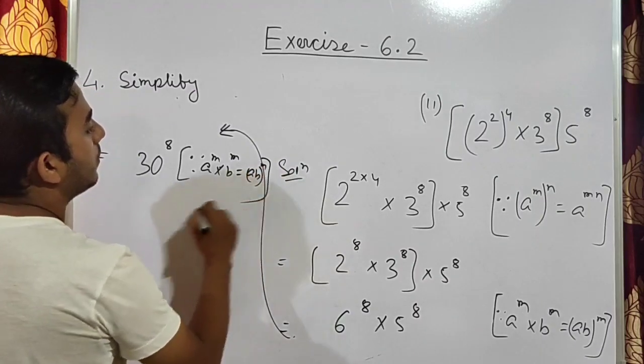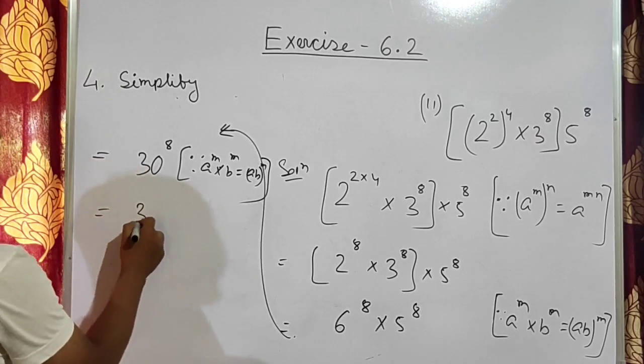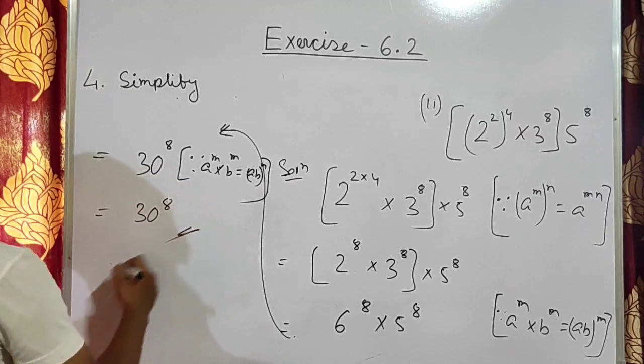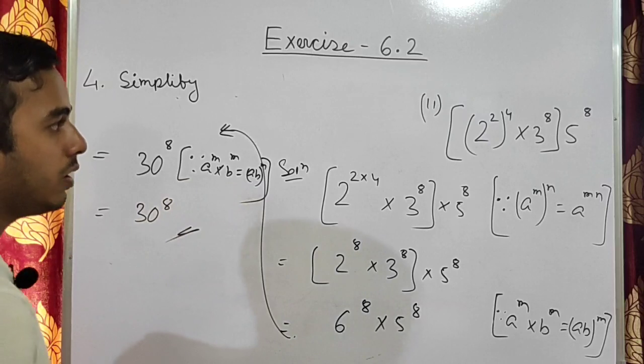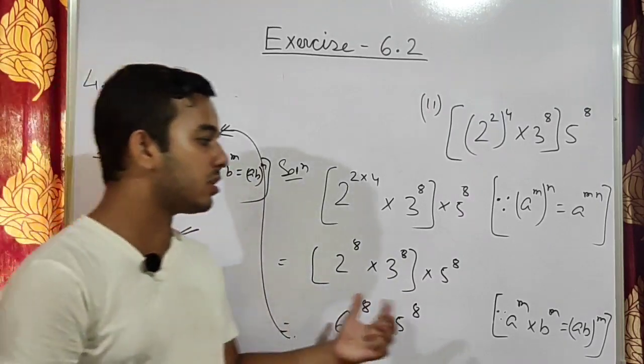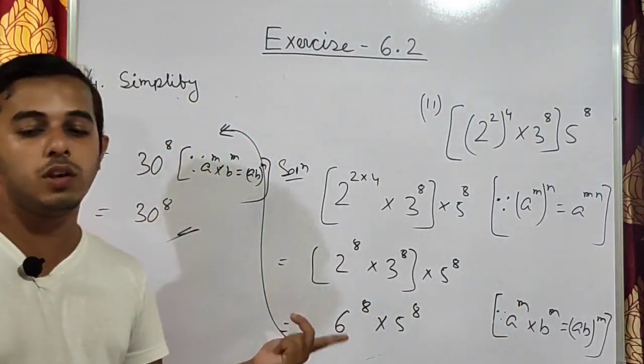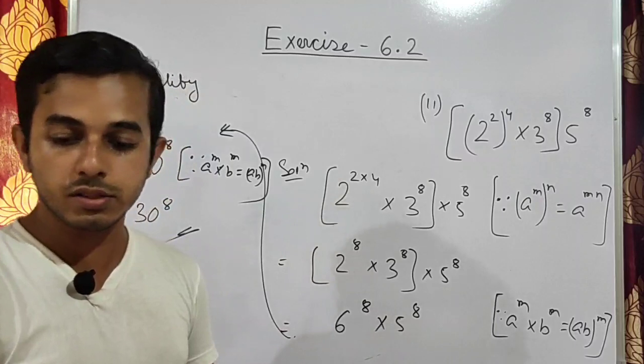Okay. Clear? Very good. So this is our required answer, 30 to the power 8. I hope this is clear to you. Okay. There is nothing, we have to just remember all those rules, and according to the rules if we proceed we will get our required answer.